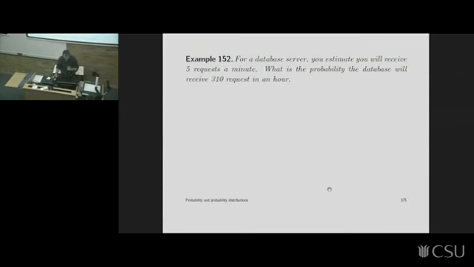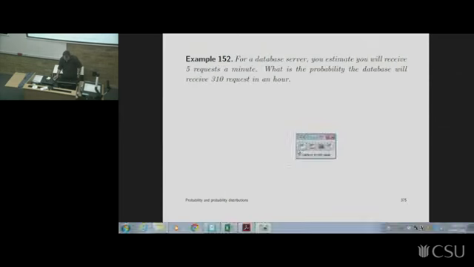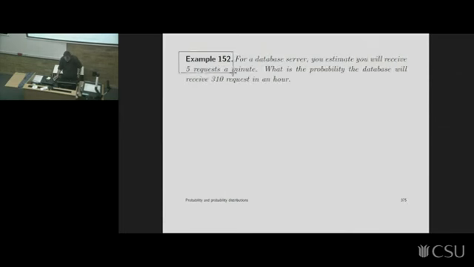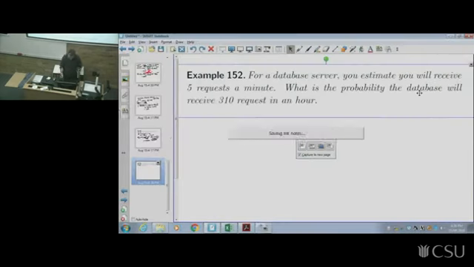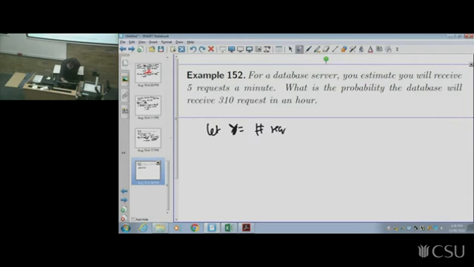So let's do the database example. For a database server, you've got 5 requests a minute. What's the probability the database will receive 310 requests in 1 hour? So I would let Y be the number of requests in an hour.